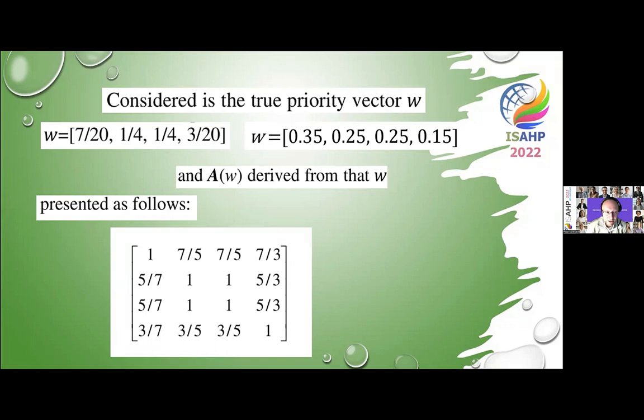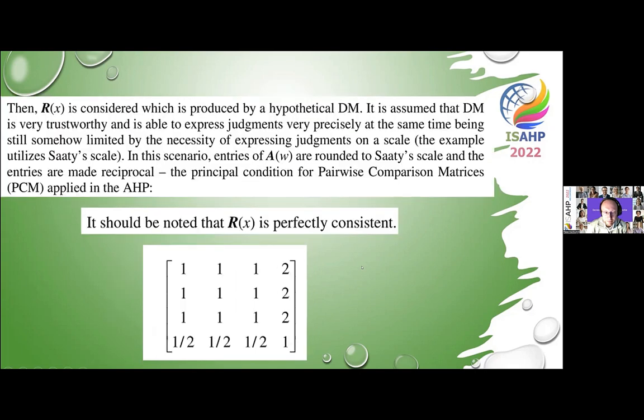This is an arbitrary vector that I propose for this example. On the basis of this vector, the pairwise comparison matrix is derived, which looks like this one. Then that matrix is somehow rounded.